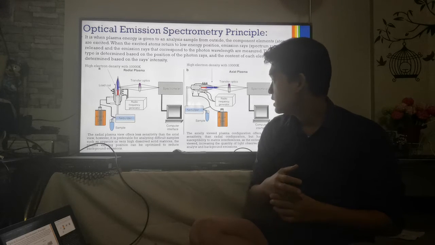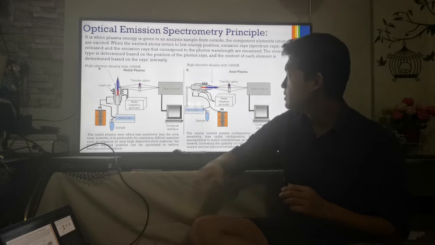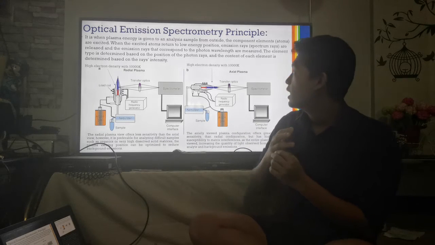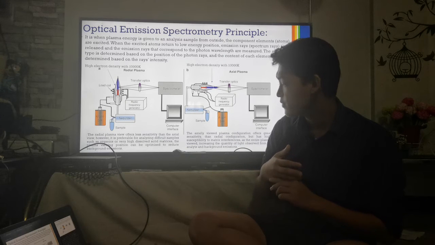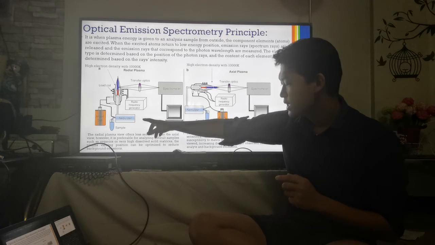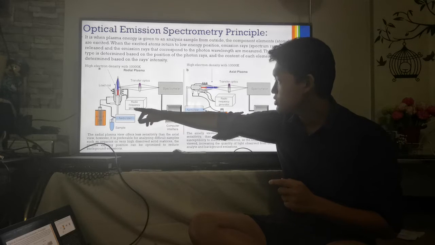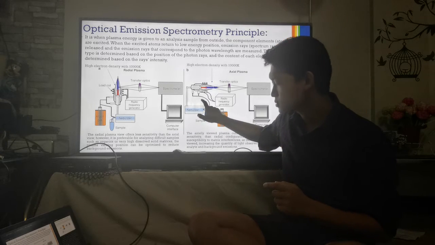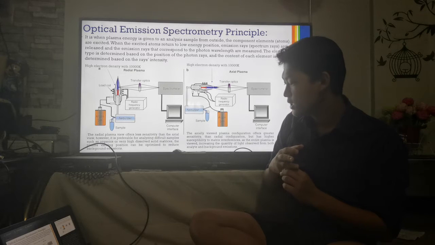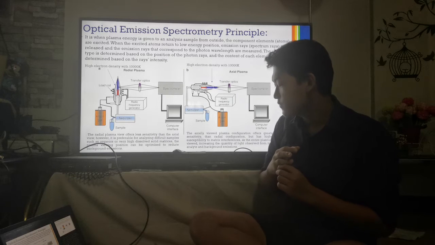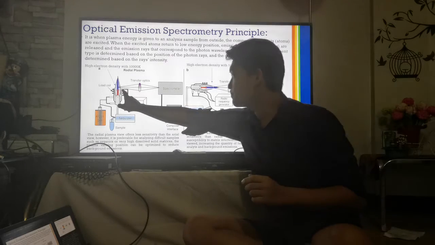What happens in this optical emission spectrometry is that to generate the plasma, first argon gas is supplied to the torch coil, which is this one, and then a high frequency electric current is applied to the work coil at the tip of the torch tube, which is this one.